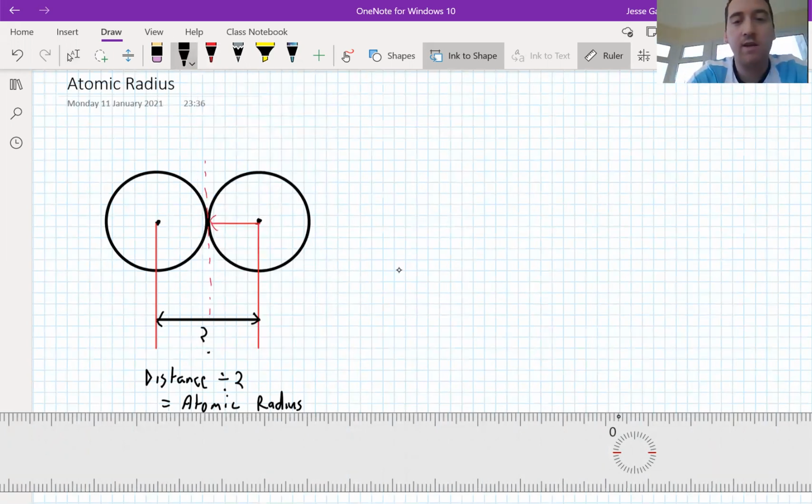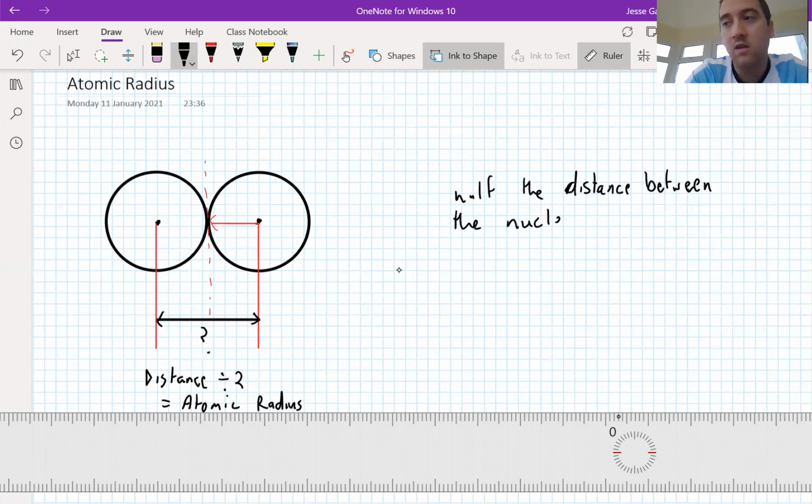So what is the atomic radius again? Just to clarify, it's half the distance, or the distance divided by 2, between the nuclei of 2 identical, and they have to be the same atom, otherwise the 2 atoms will be different sizes, of 2 identical covalently bonded atoms.